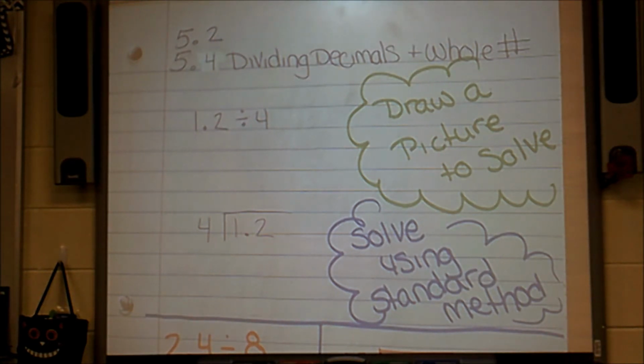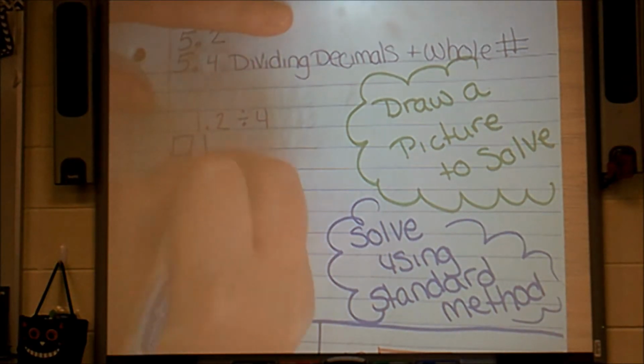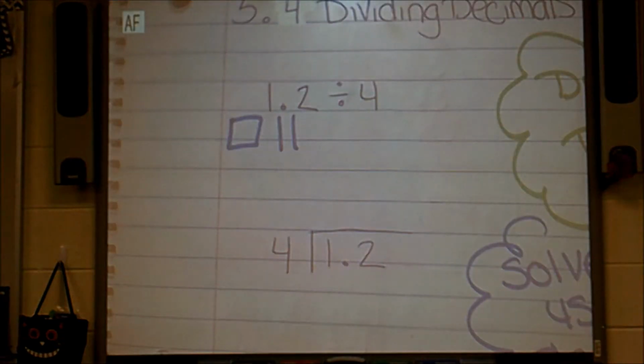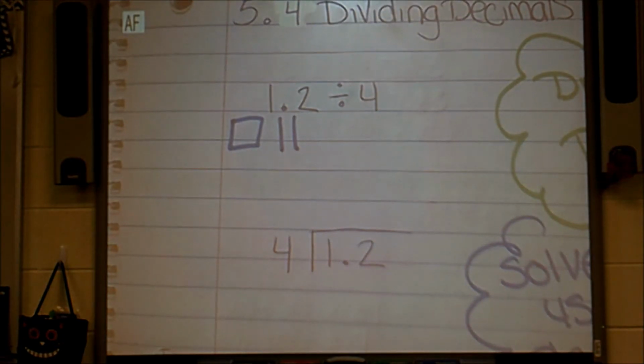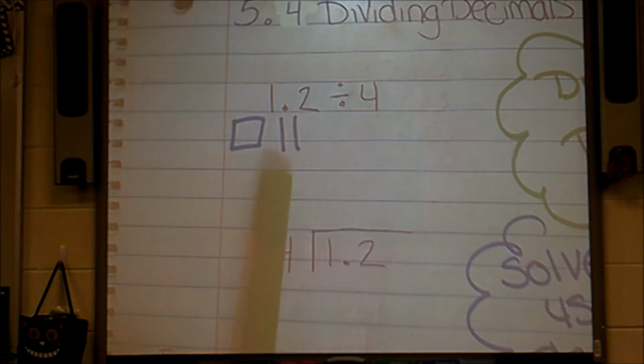So let's look. First, I'm going to draw a picture of my 1 2/10. Now, by looking at this, I hope we can both agree that this is representative of 1 2/10. I have 1 whole and 2/10 of another.